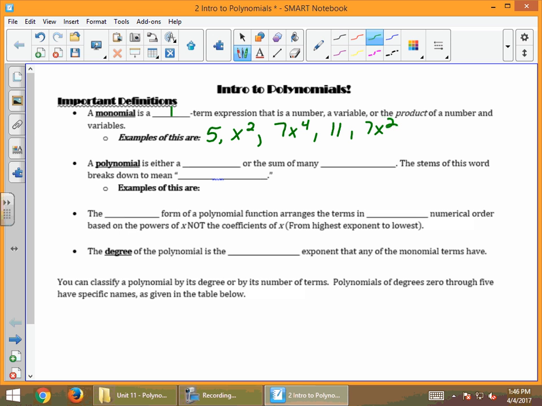A polynomial is either just a monomial or the sum of many monomials. The stems of this word break down to mean many terms.